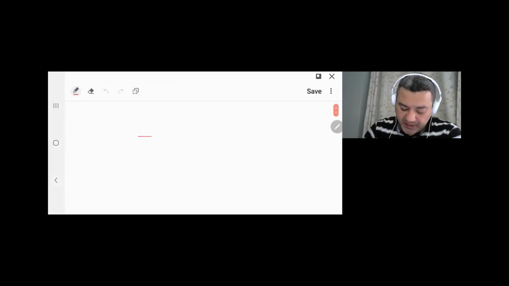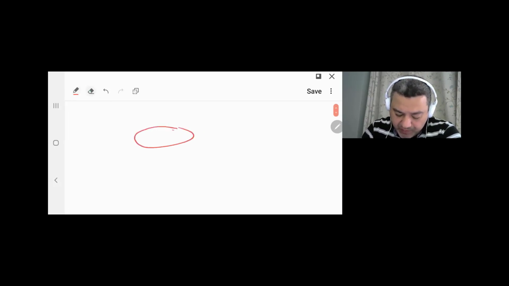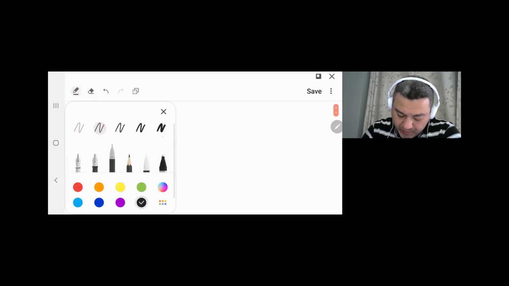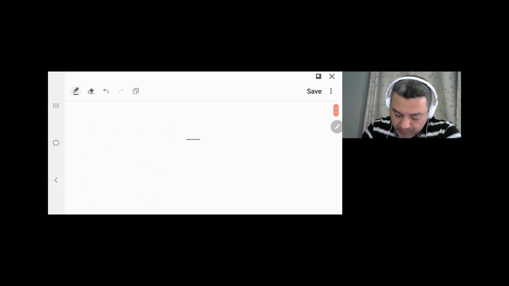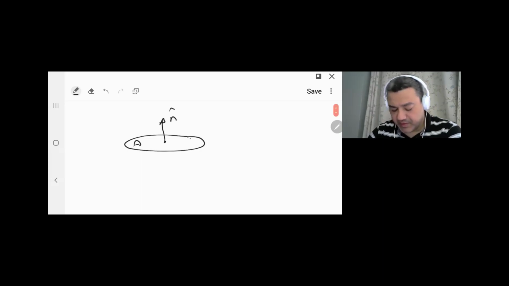So, as I said, let me first start drawing a loop. This is a loop that has an area A and a normal unit vector this way.